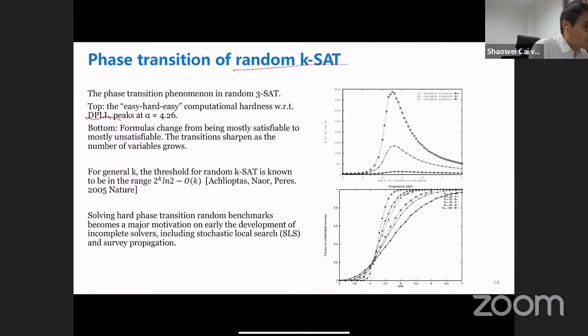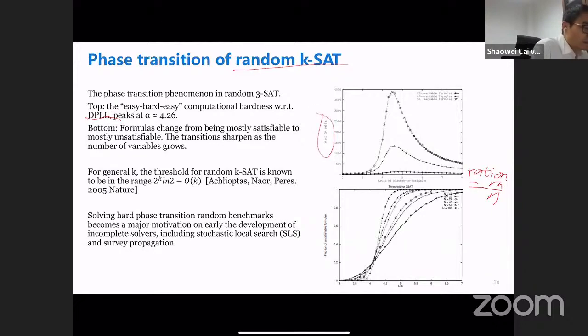And here are two pictures. In this picture, at the top, this is the computational hardness about solving the random case set formulas. And this is the ratio. When the ratio increases, the ratio is the number of clauses divided by the number of the variables.